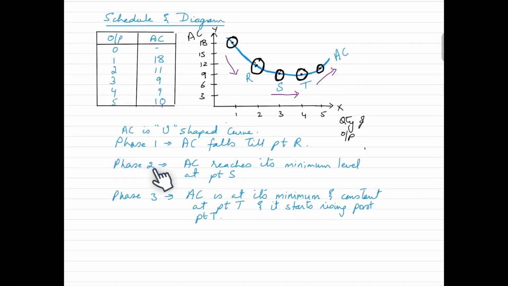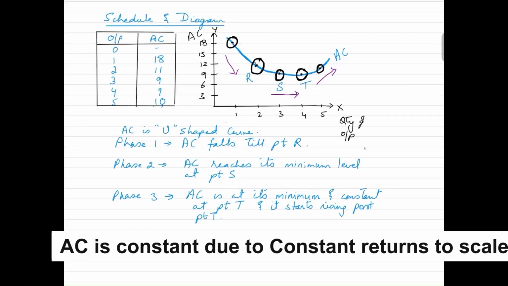Phase 2 is the one where the average cost is touching its minimum level and is becoming stable. We can see that average cost is constant between S and T. So it's output number 3 and 4, and the same is visible here: at output number 3 and 4, average cost is constant at 9. This is the place where the firm is experiencing constant returns to scale.